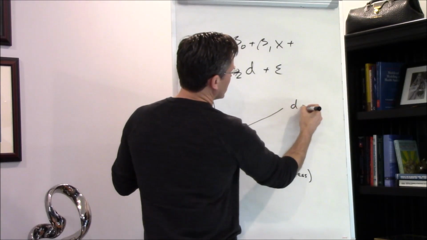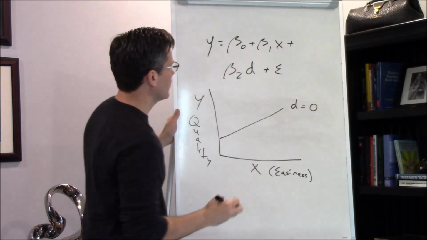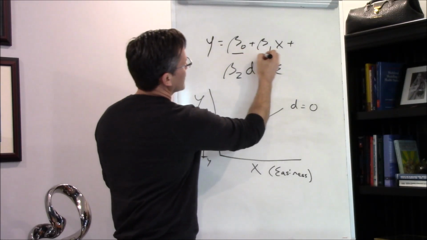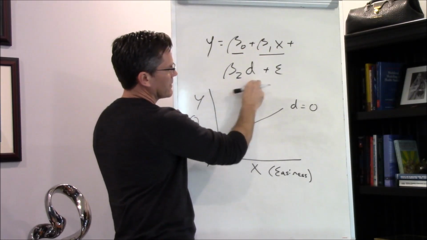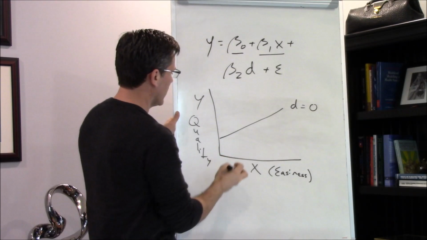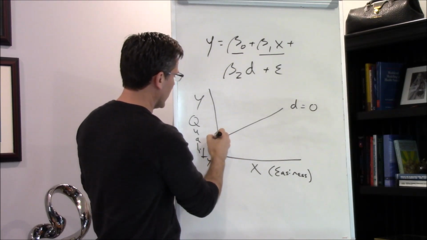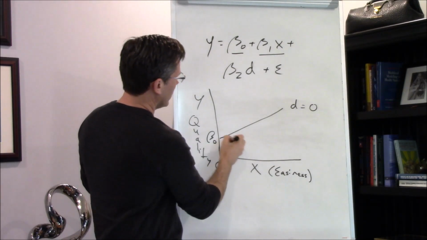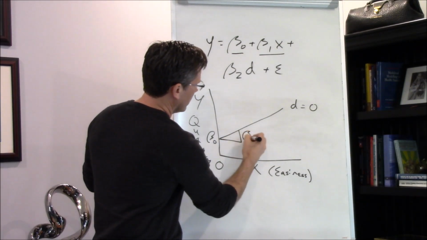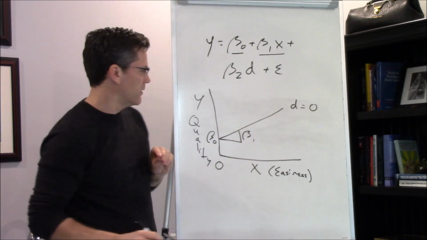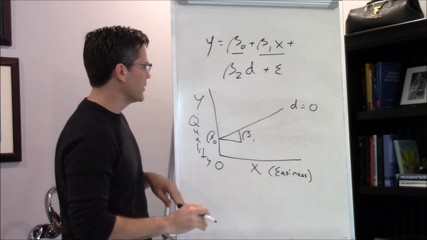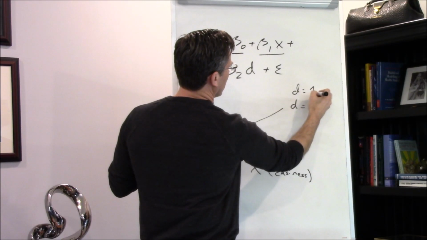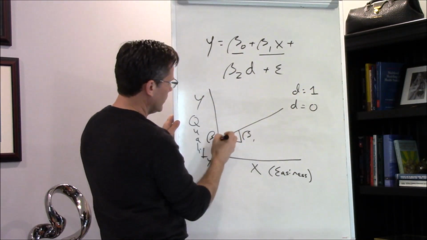So if D is 0, we're going to get this regression line, and this regression line is going to come from beta naught plus beta 1x, and then that gets zeroed out, right? So it's just beta naught plus beta 1x. So we've got beta naught over here where x is 0, and then beta 1 is that effect of easiness. All right, so that's where group is 0. When D is 1, now we're going to add in beta 2, right?